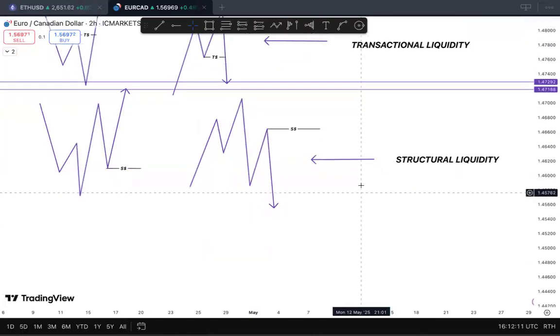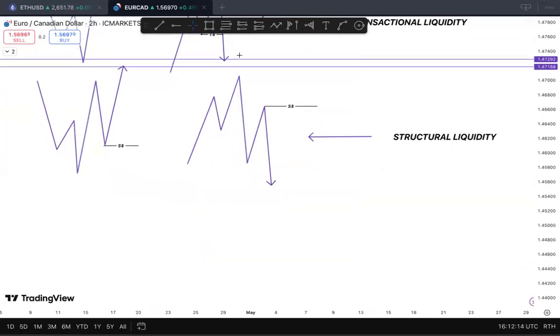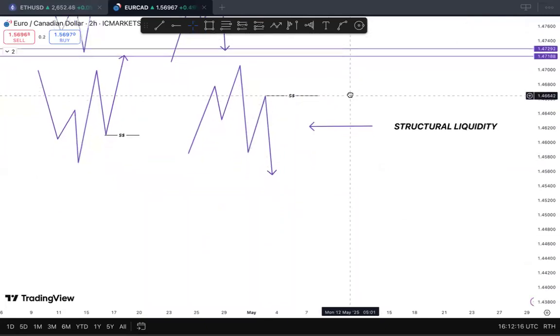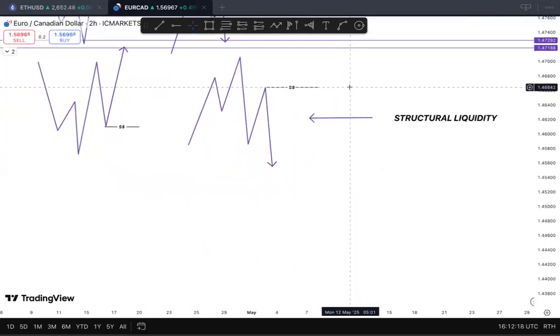The next one is the inducement liquidity. So what is the inducement liquidity? In the absence of structural liquidity, the market uses the recent liquidity point as a sweep. For example, in the absence of structural liquidity, we have inducement liquidity.